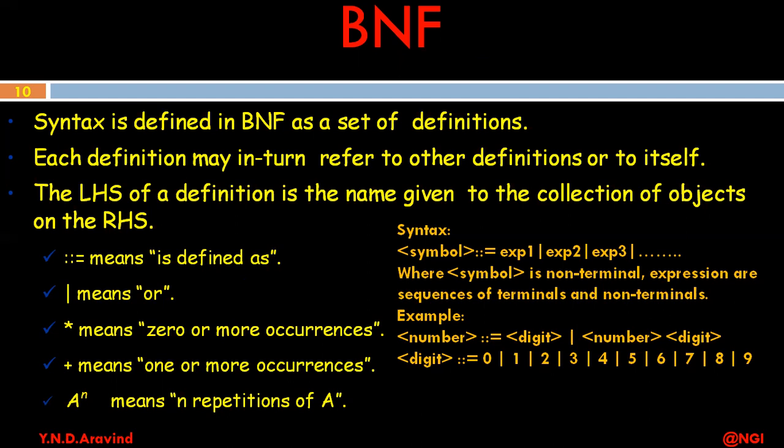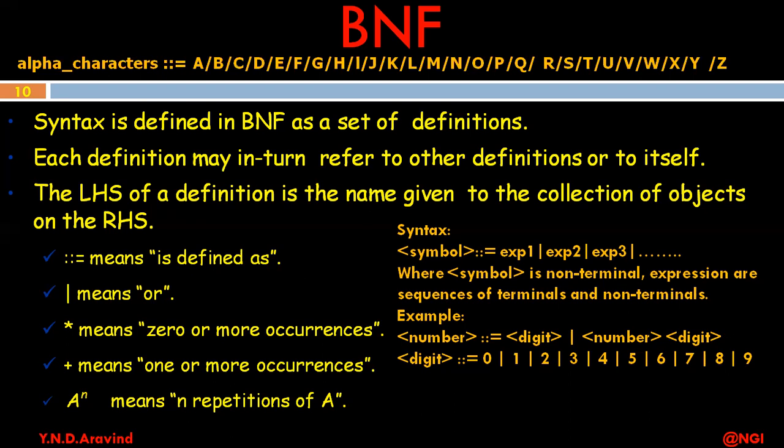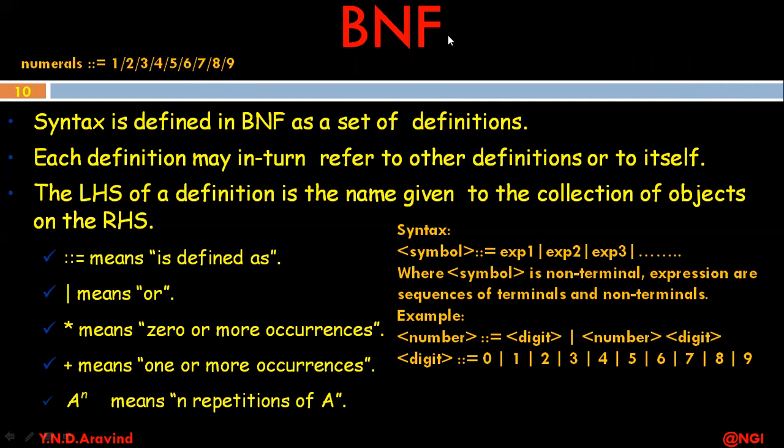So here, the syntax testing definition must be formal, starting with the almost elementary parts that characterize themselves. Here is a sample definition. Alpha characters we are going to represent from capital A to capital Z, and numericals from 1 to 9.